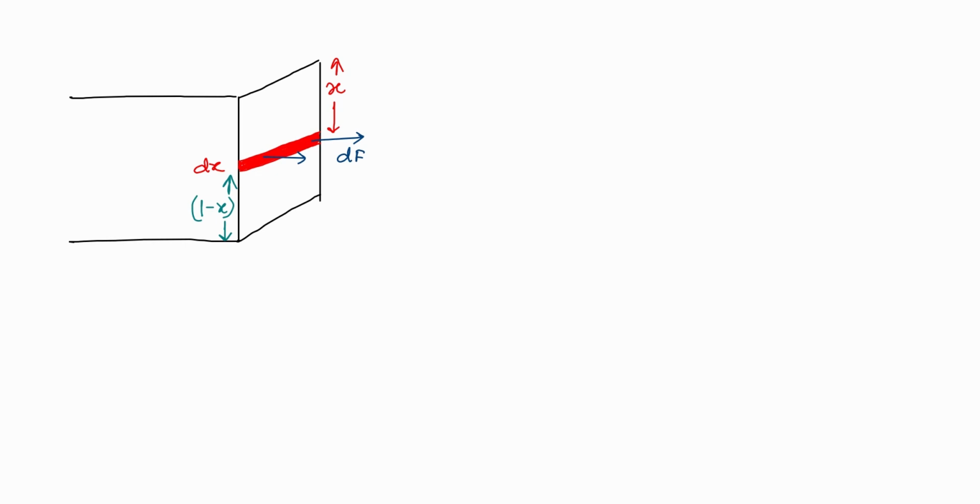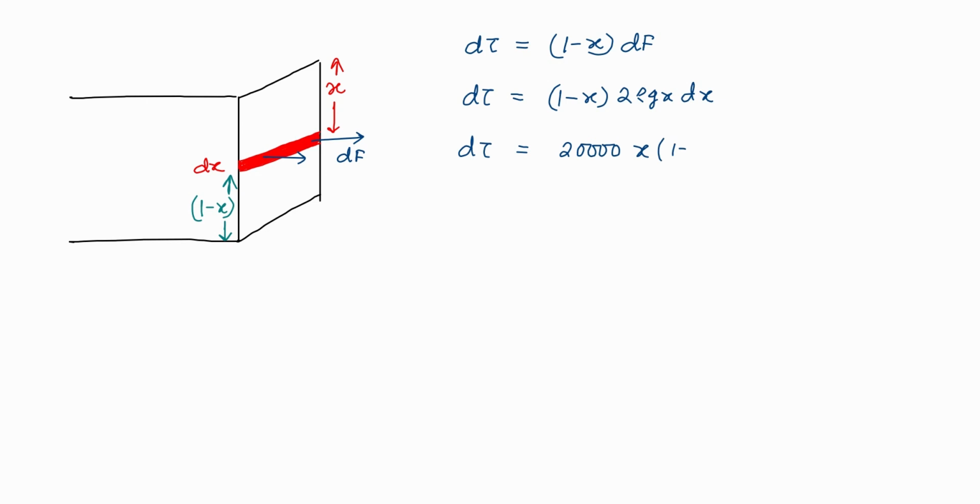So if I write torque about the base, it is going to be r cross F, that is 1 minus x into dF, and hence the value of torque d tau can be written, substituting the value of dF, as 1 minus x times 2 rho g x dx. Substituting the values of rho and g, it turns out to be 10,000 x (1 minus x) dx.